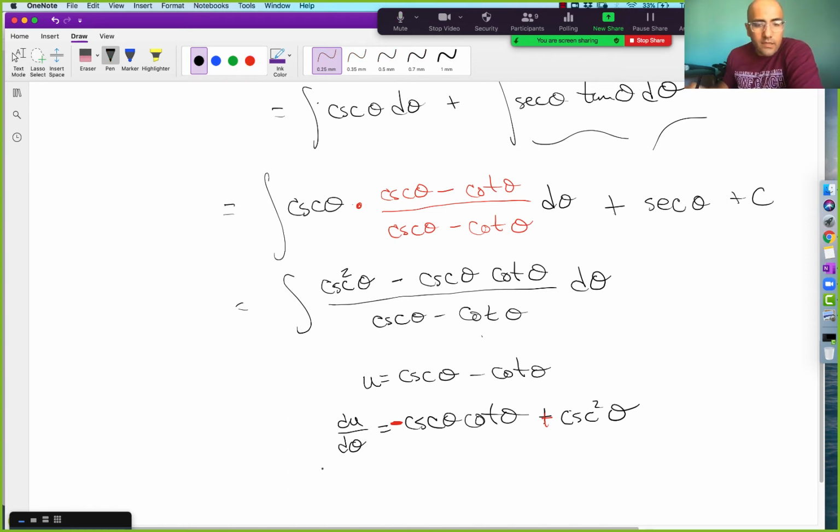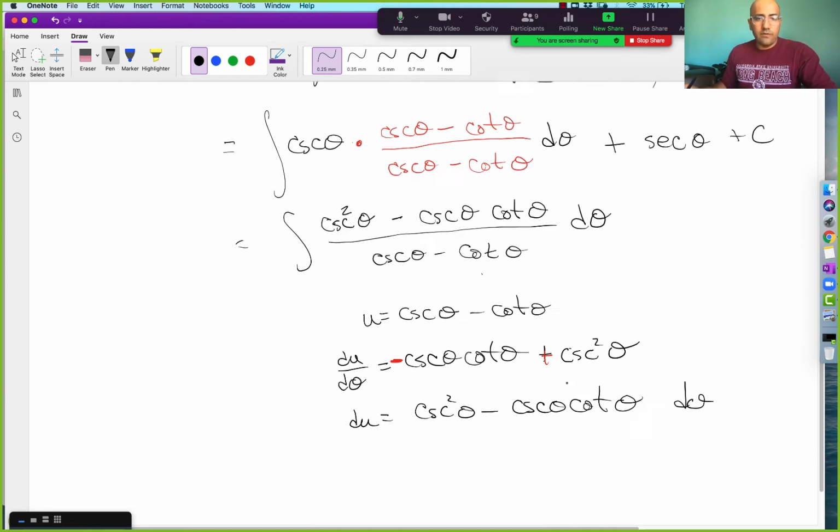Okay, so then my du will be equal to cosecant squared theta minus cosecant theta cotangent of theta. Good. And so now it's got to match this thing up here, d theta. Good.